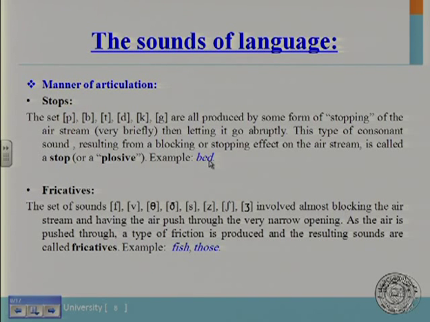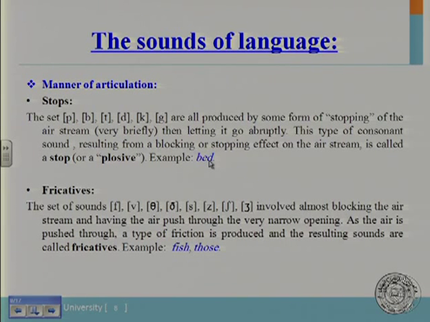Now, we have a set here. We have one set, six sounds. We have P, B, T, D, K, G. Again slowly: P, B. This is the first group.